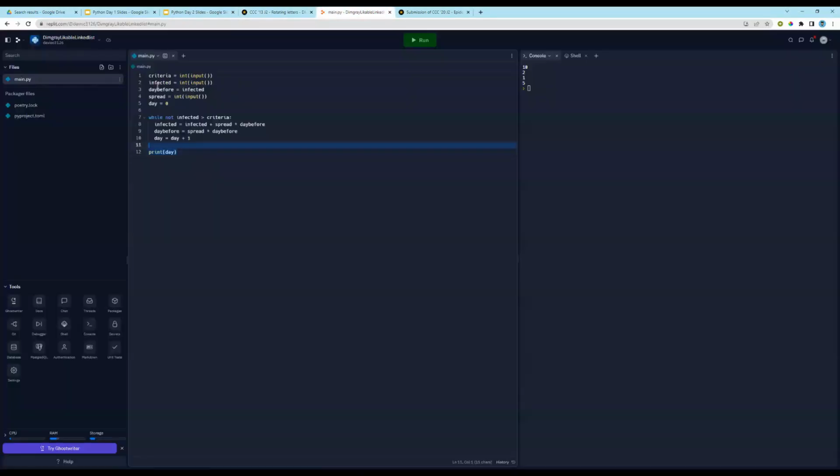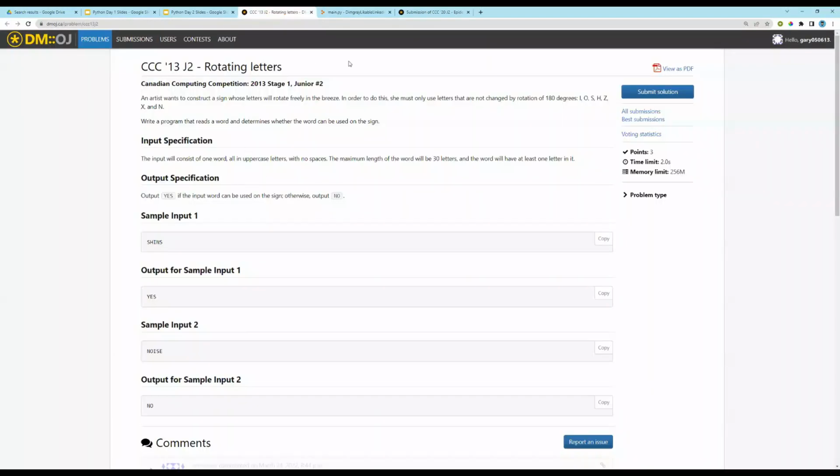That's really simple. First of all, we have to get our word as an input. Then all I have to do is check each letter in the string.